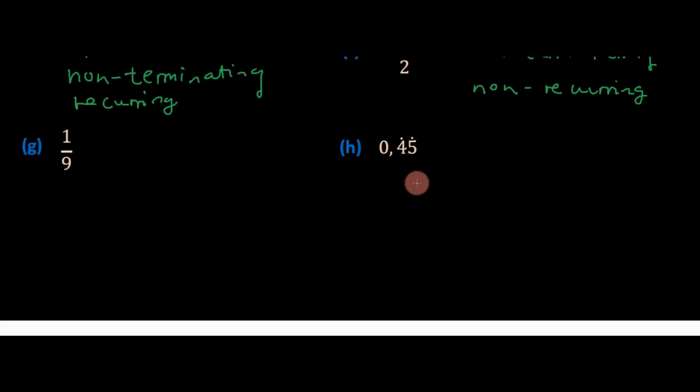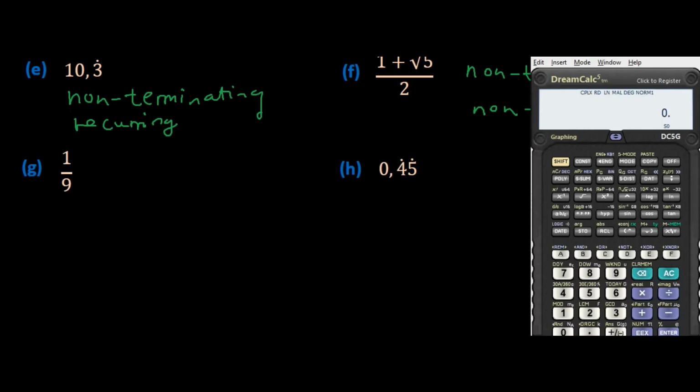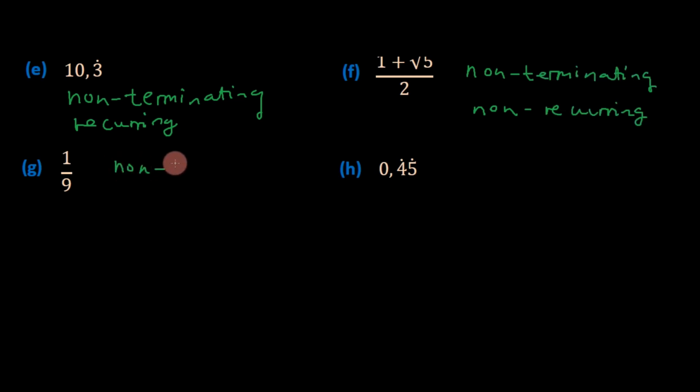Then a ninth, or 1 over 9. Let's check. 1 divided by 9. It's non-terminating but recurring. So non-terminating, but the 1 is repeated after the decimal, so it's recurring.